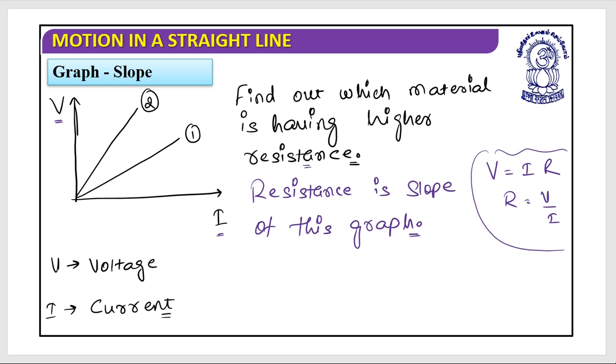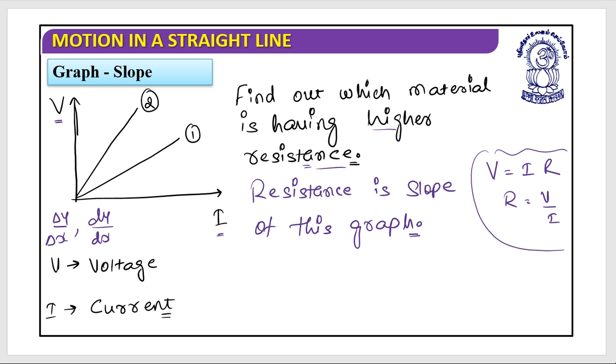Now I need to find the higher resistance. If I know which slope is higher, I will easily conclude that this material has a higher resistance. Now how could I find the slope? What are the possible options? One is delta y by delta x.